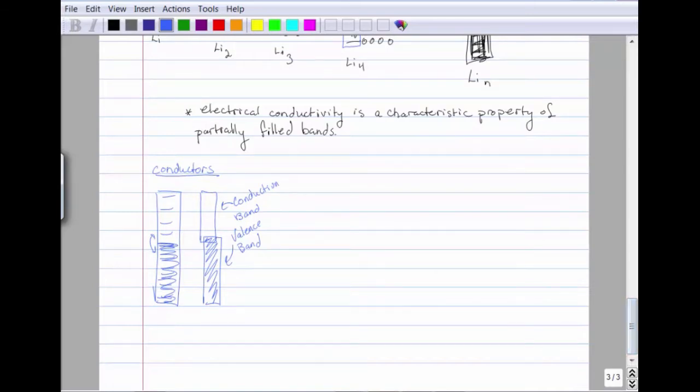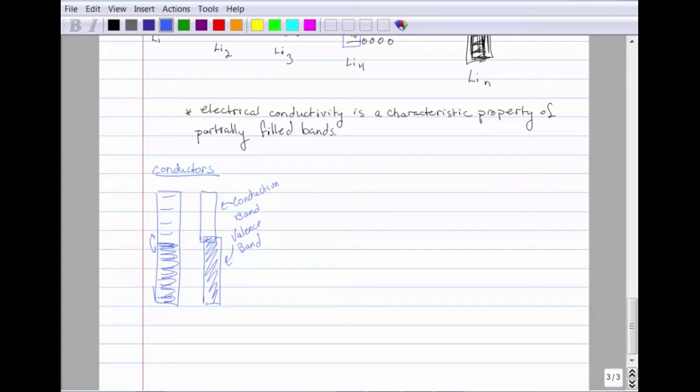So you can have a conductor in two situations. Either you have a partially filled or a partially occupied band because you have something like lithium where you will only have one electron for each orbital. Or you can have a band where the valence band is full and yet there's another band above it. Like let's say the valence band in this case was the s orbital and the conduction band would be the p orbitals.